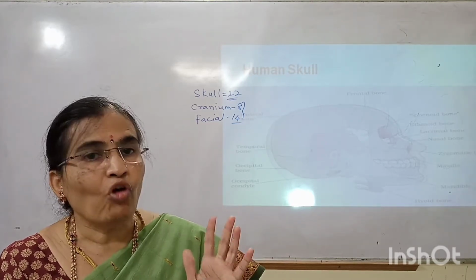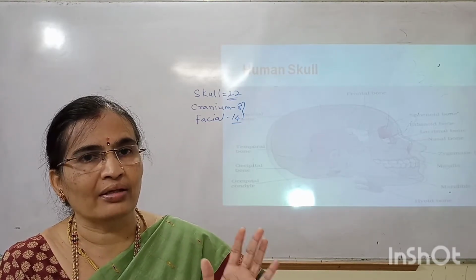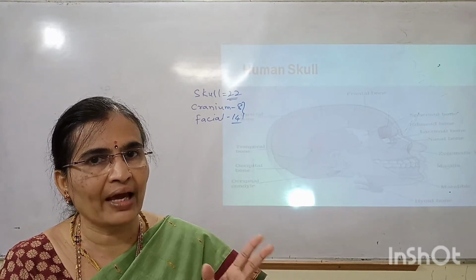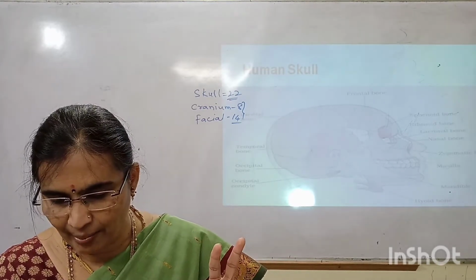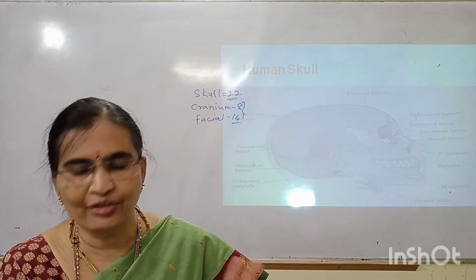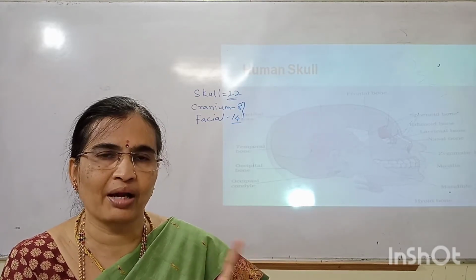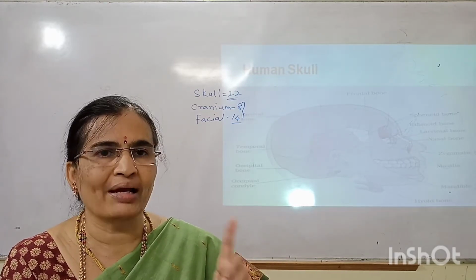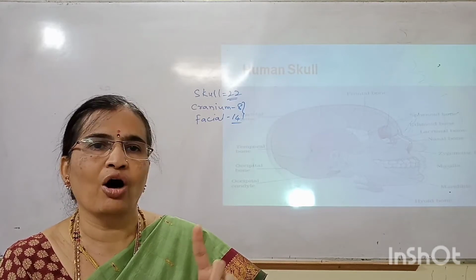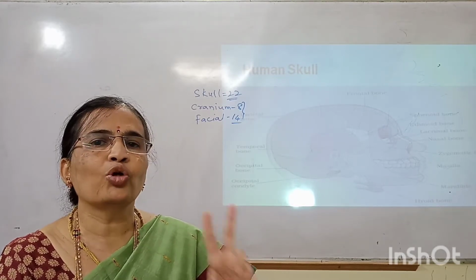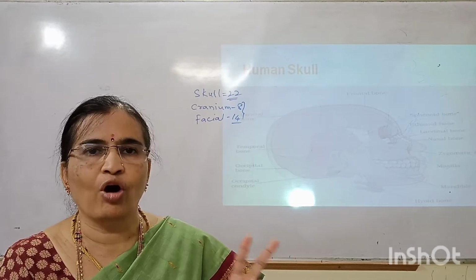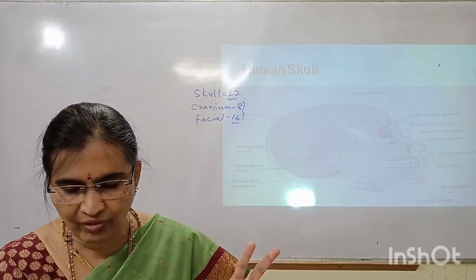We have to remember the number 14. Some bones are paired; except the mandible and vomer, which are one in number, all others are 2 in number, that is, paired. I will repeat once again.